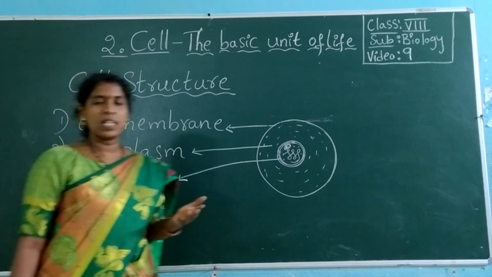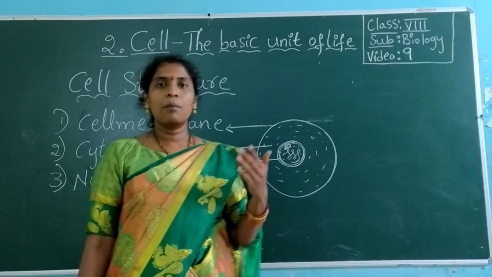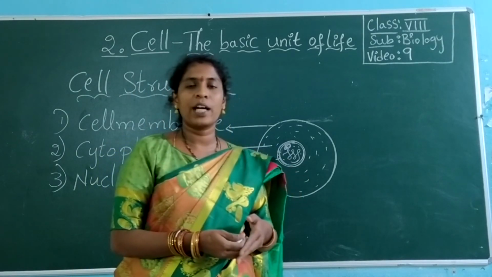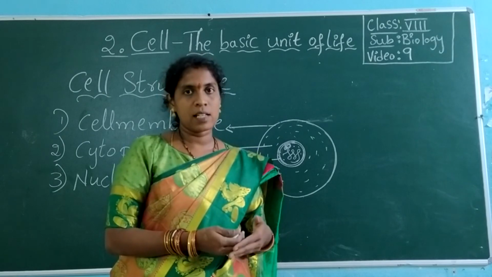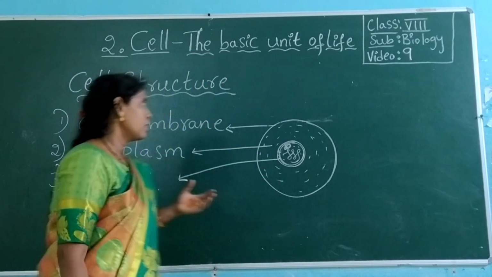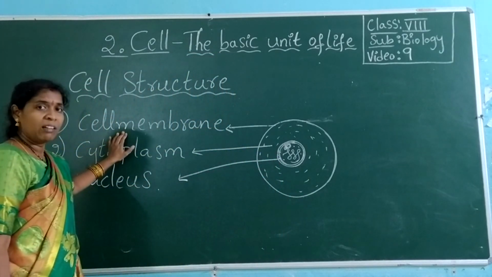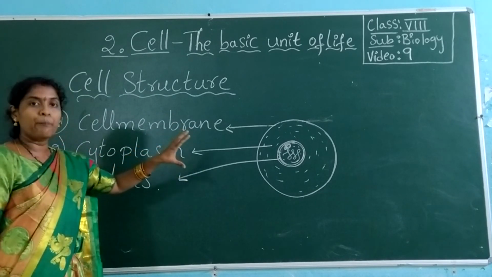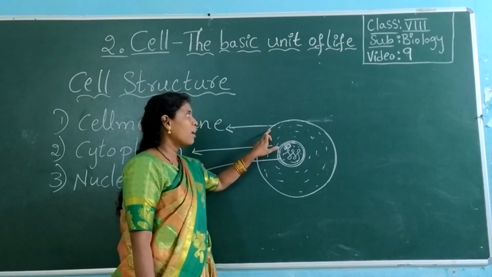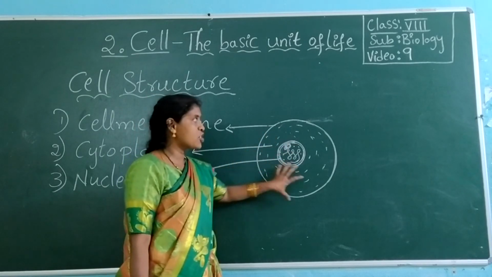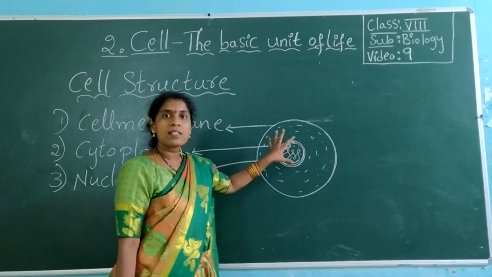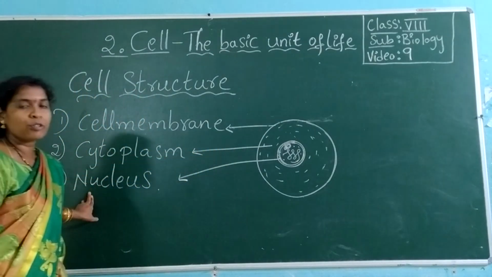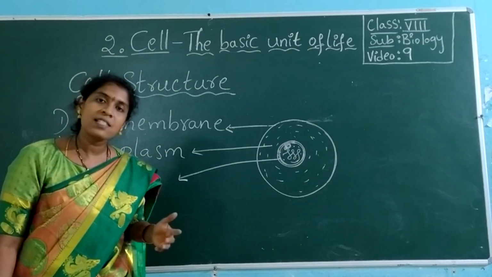We will see the differentiation between plant and animal cells, and eukaryotic and prokaryotic cells, in the next class. But one more time I will repeat it. The cell membrane is present outside the cell, the cytoplasm is between the cell membrane and nucleus. This jelly-like fluid is cytoplasm, and the center portion, the nucleus, is also known as the brain of the cell.